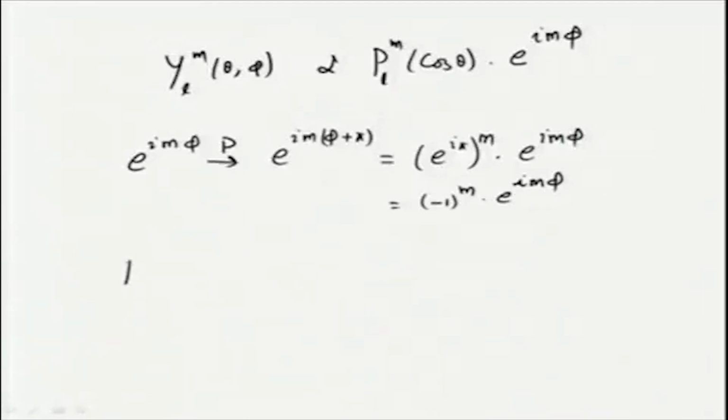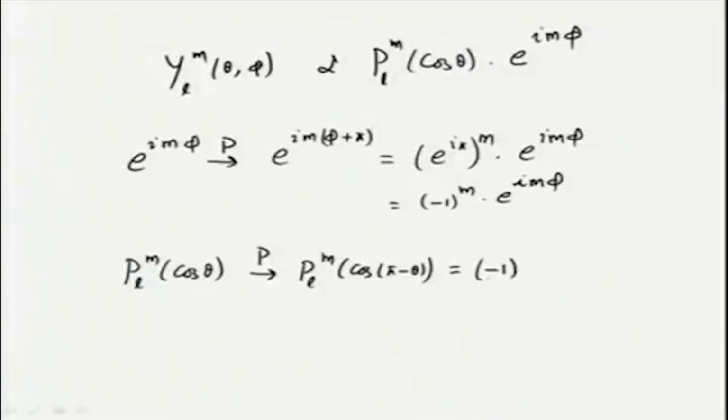What about the polar angle part? Under parity, it will go to P l m with cosine of pi minus theta now, and without going into analyzing it, we will just give you the result.